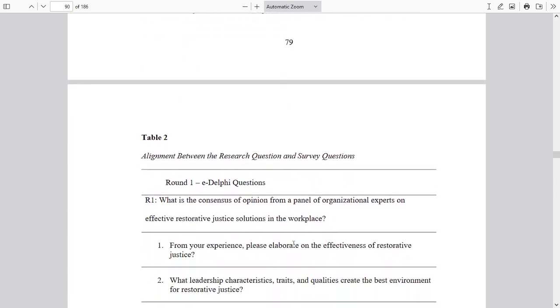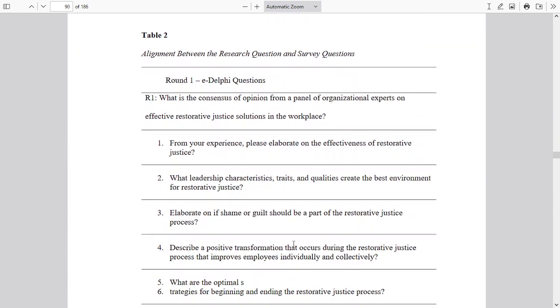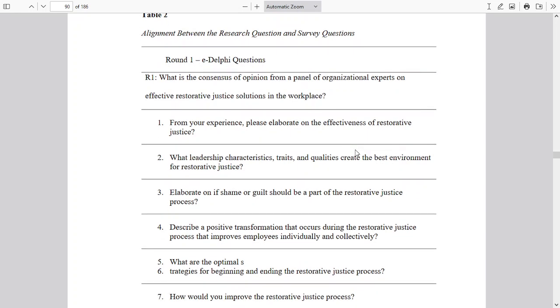These were the research questions right here. What is a consensus of opinion from a panel of organizational experts on effective restorative justice solutions in the workplace? From your experience, please elaborate on the effectiveness of restorative justice.